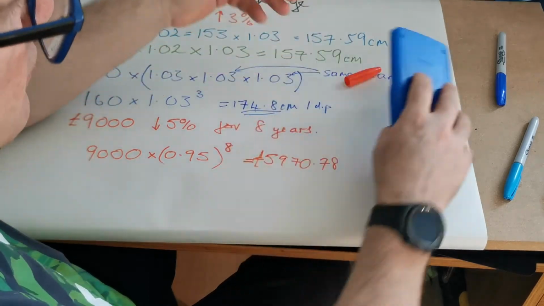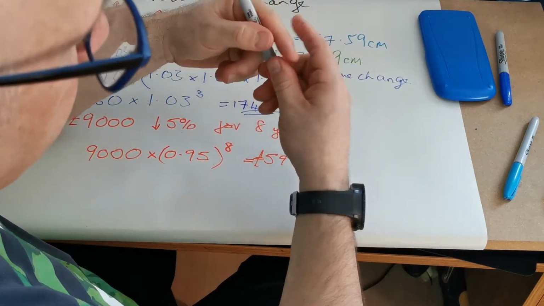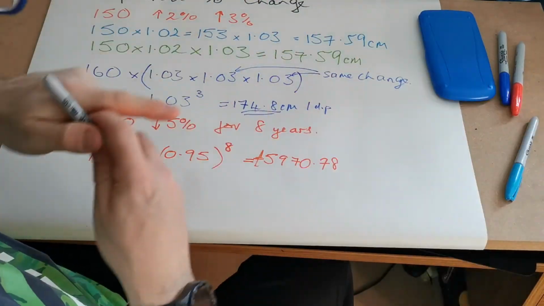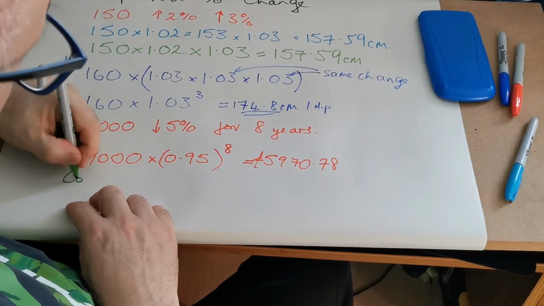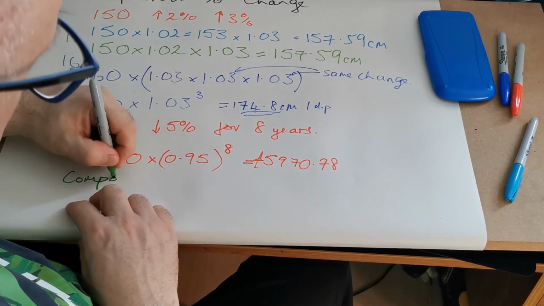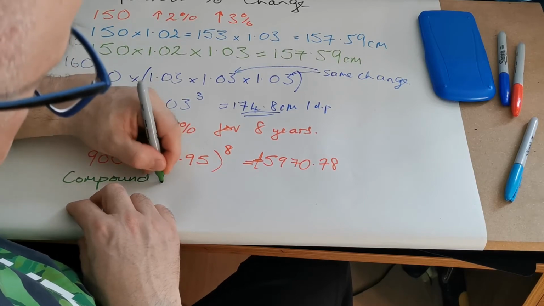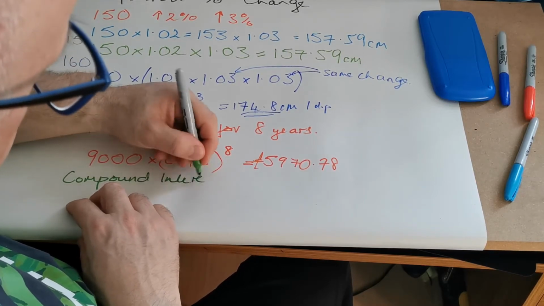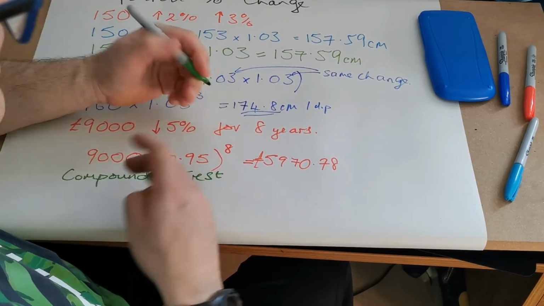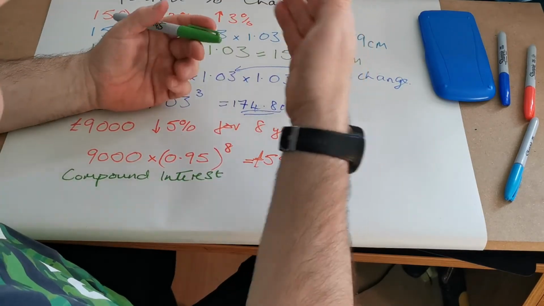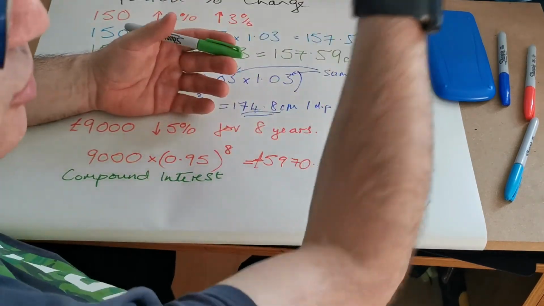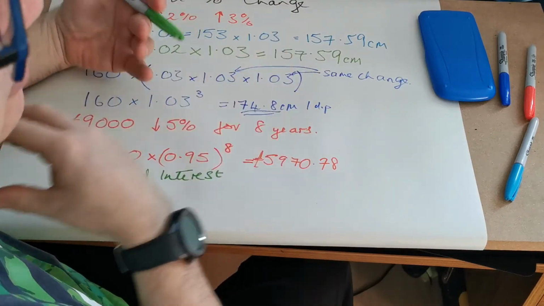Now, where this often comes in is in banking, and we look at something called compound interest. And that means you make an investment and then the bank pays you a percentage on top of it for having your money and using your money.